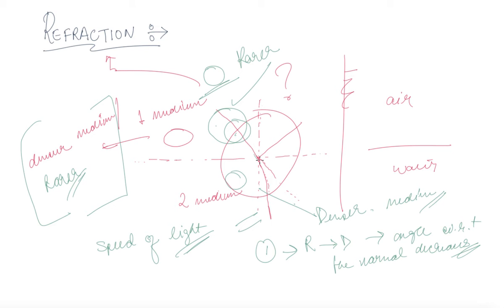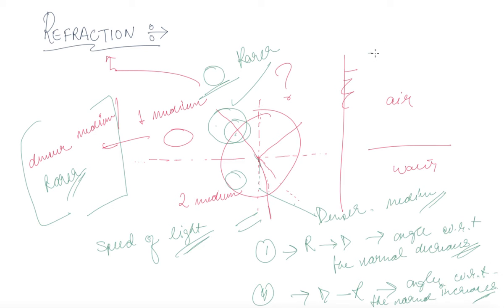So this particular angle will decrease and it will come closer to the normal. The second condition is if it is going from a denser to a rarer medium, the angle with respect to the normal increases. So this is how you can understand refraction.